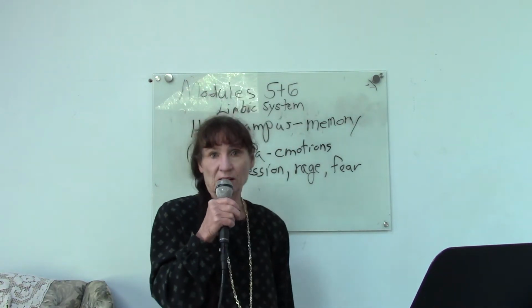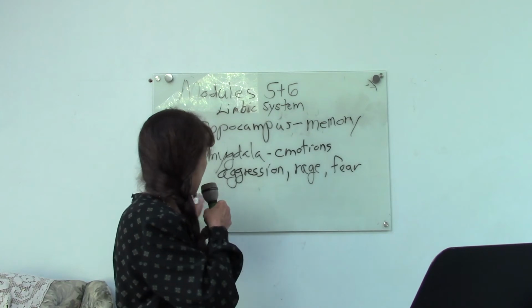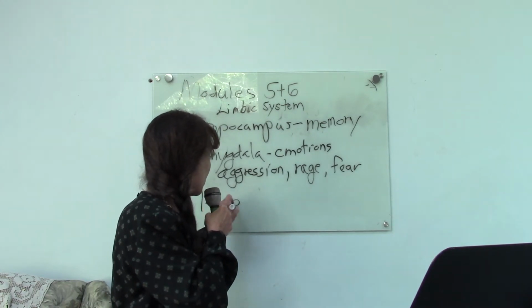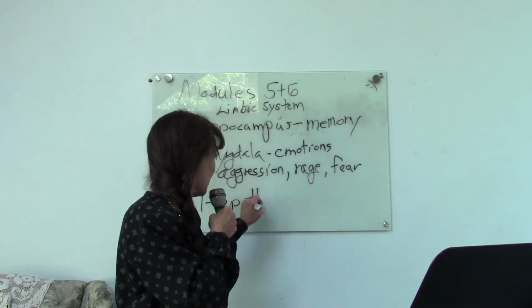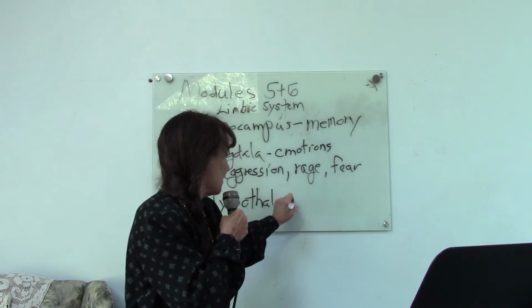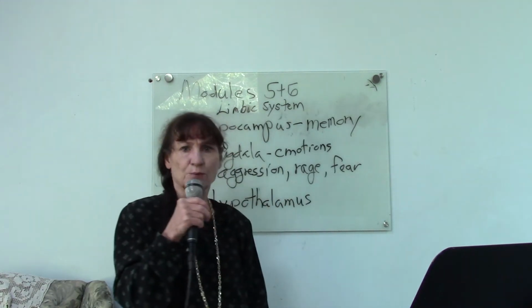Okay, your book does include a few other things. It includes the hypothalamus in the limbic system, to which it is very closely related. And the hypothalamus is a very interesting brain structure.